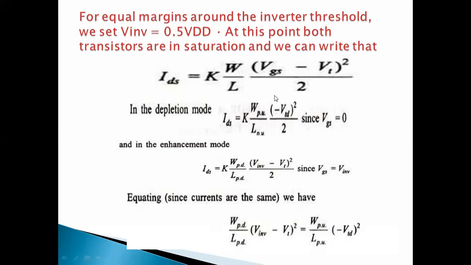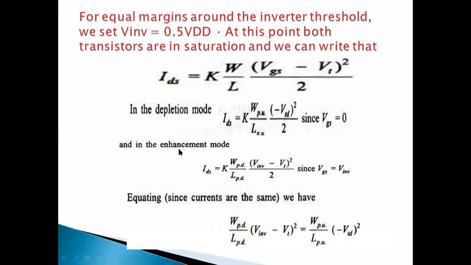That is, IDS equal to K times WPU divided by LPU times (0 minus VTD) whole square divided by 2, where VTD stands for the threshold voltage of the depletion mode device.